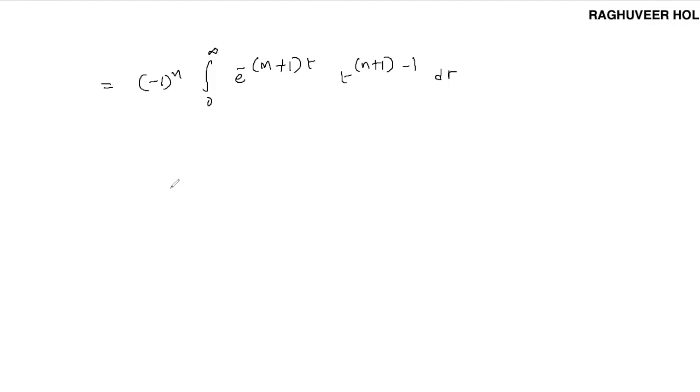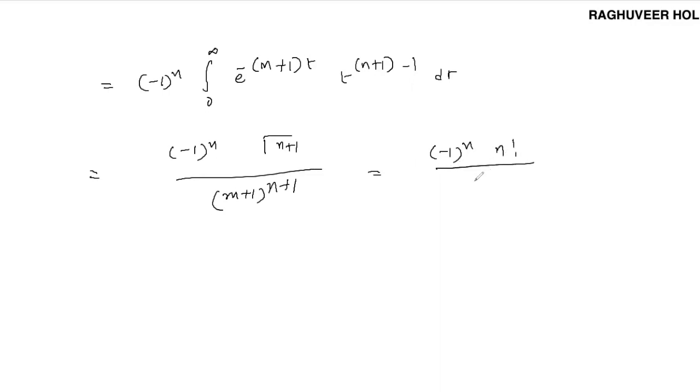Now, which is equal to minus 1 to the power of n, gamma of n plus 1 divided by (m plus 1) to the power of n plus 1, which is equal to minus 1 to the power of n into n factorial divided by (m plus 1) to the power of n plus 1. So hence we have proved it. Thank you.